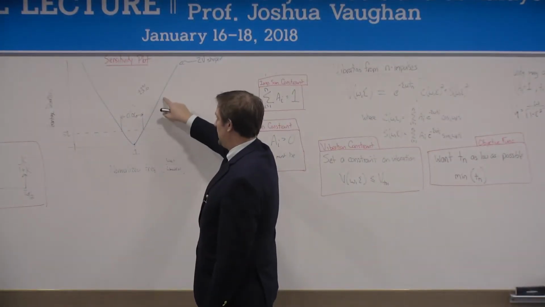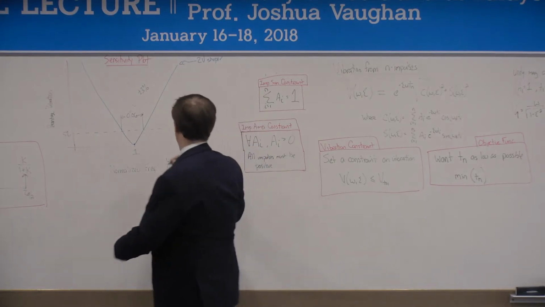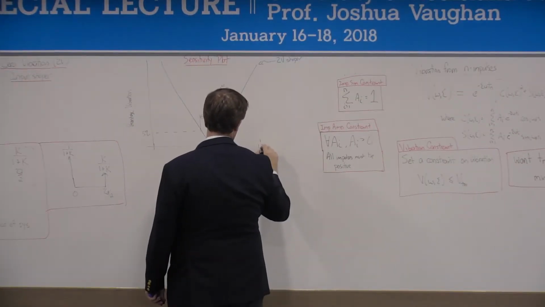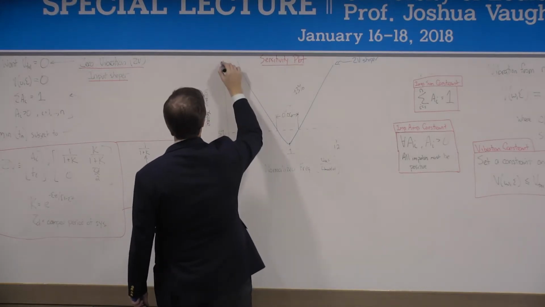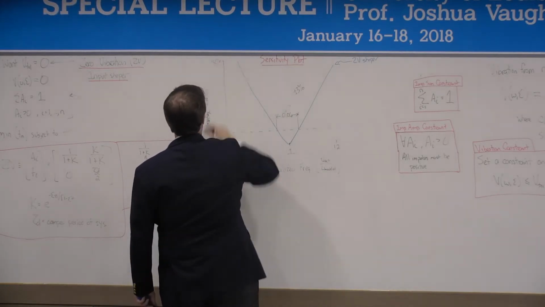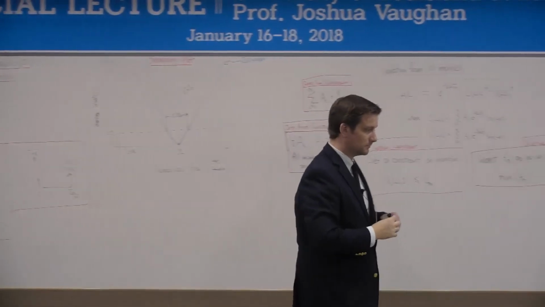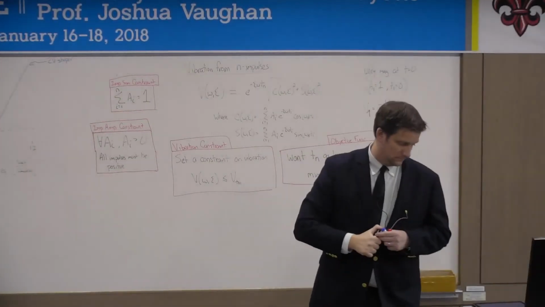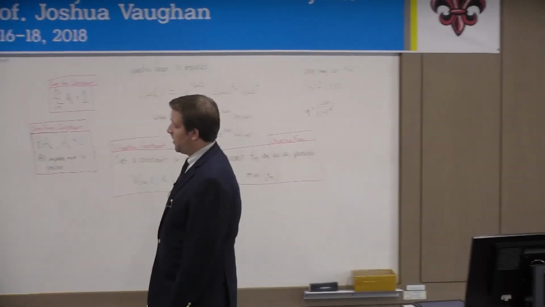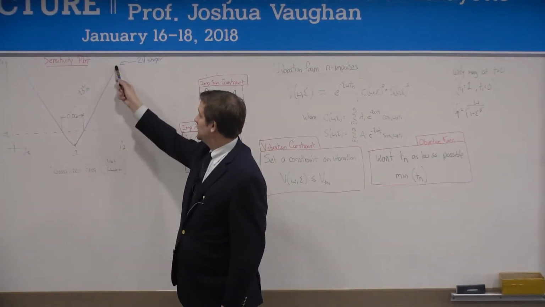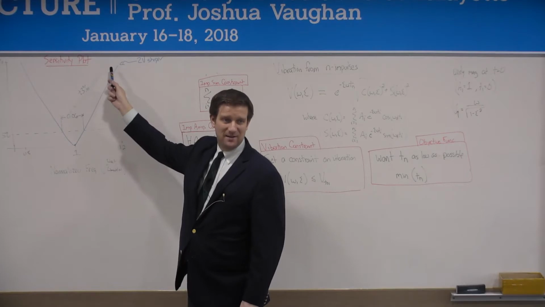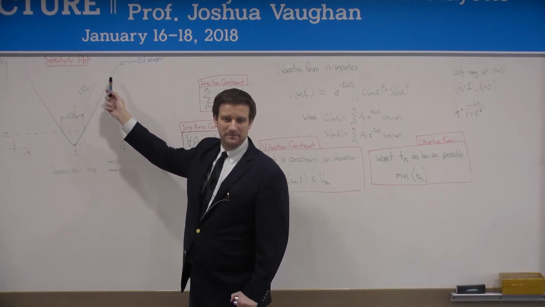What's nice though is even out here, at about 1.2 and 0.8, this over here is still only about 30%. Right? So even if I'm off by 20%, I'm still reducing vibration by 70% of what it would have been without input shaping.